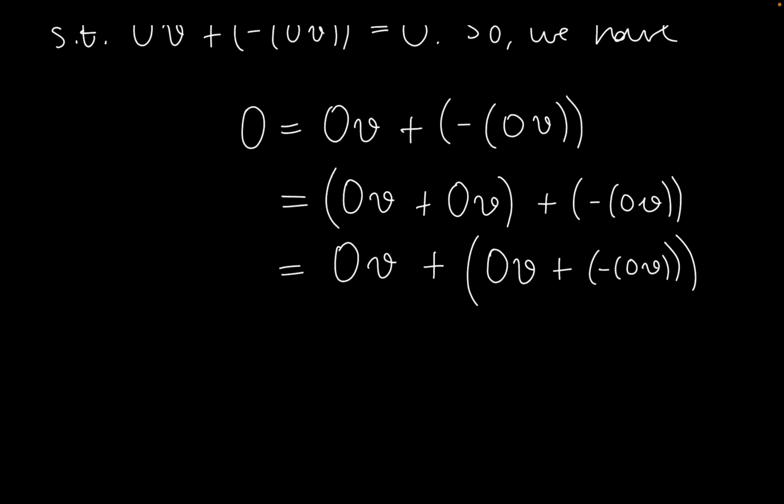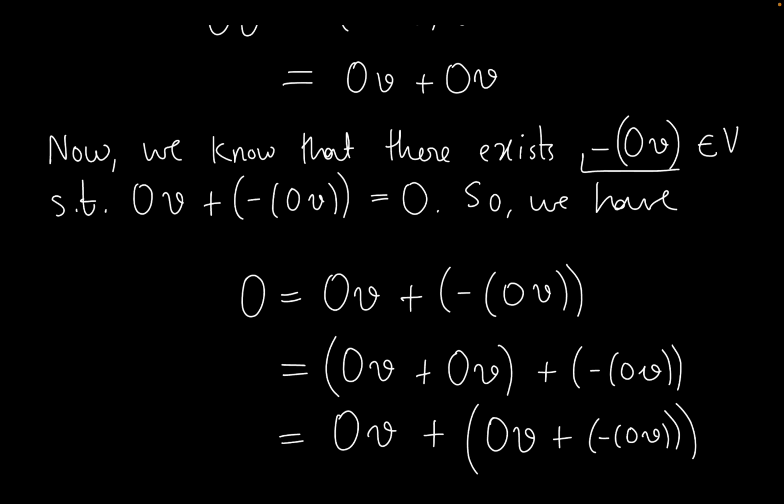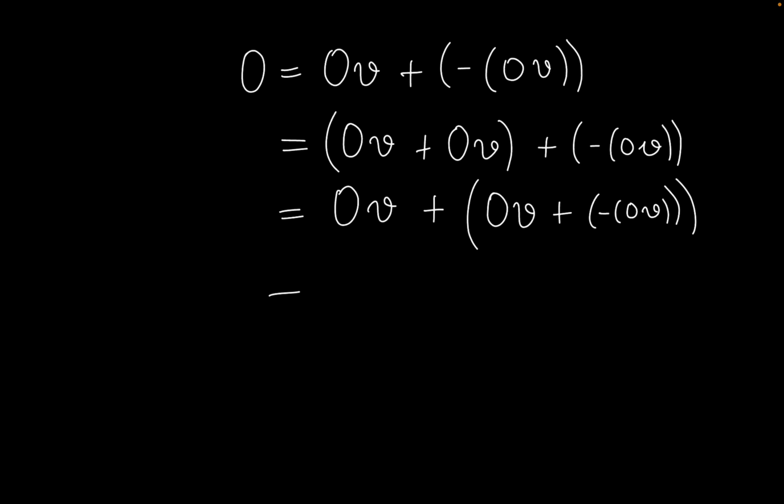Maybe it's getting a bit cluttered, but really all you need to remember is that we've defined this term to be the additive inverse of this term. So we know that when we add these two things together, they give you the vector 0. So this is immediately going to tell us that this is equal to 0v plus 0.